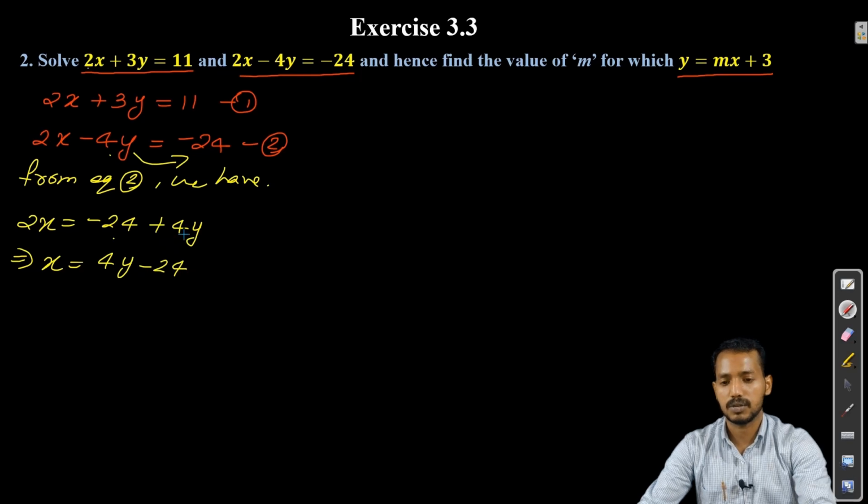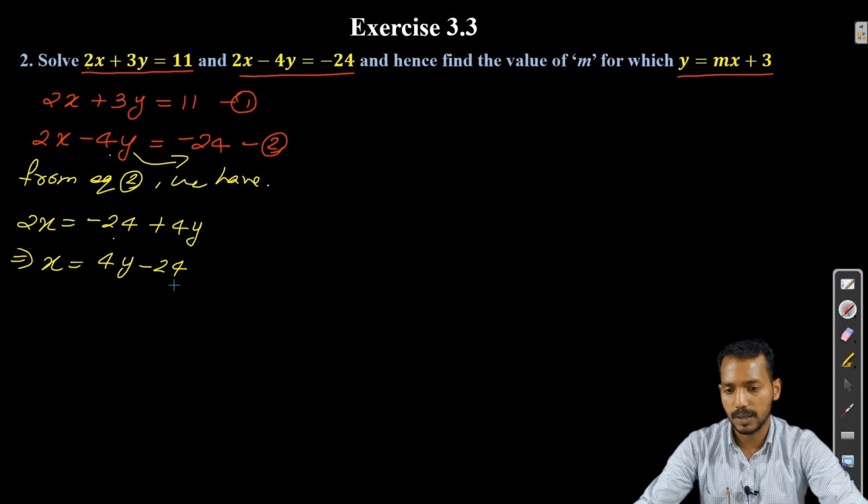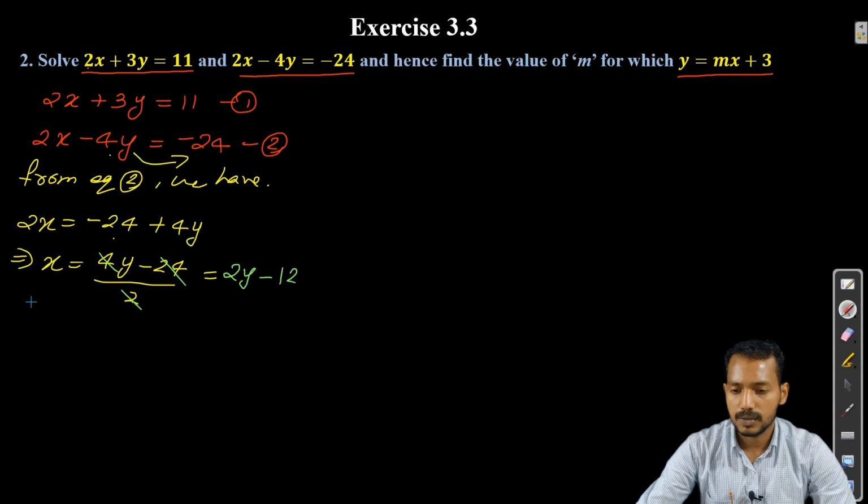No problem, because we write the positive term first, then the negative term. Then this 2 will become the denominator. 2 is a common factor, so cancel it. What will we get? 4y divided by 2 will be 2y, minus 24 divided by 2 is 12. So x equal to 2y minus 12.